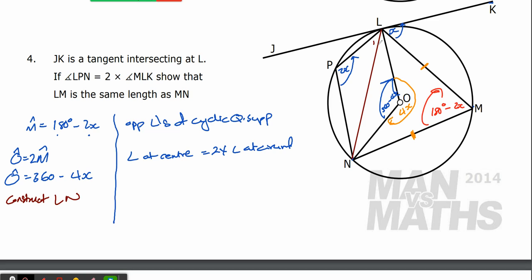I'm going to call this 1, 2, 3, 4, and maybe even that one there, 5. And this 1, 2, 3, so we know which angle is which. I need to prove that L2 plus L3 is equal to N2 plus N3.